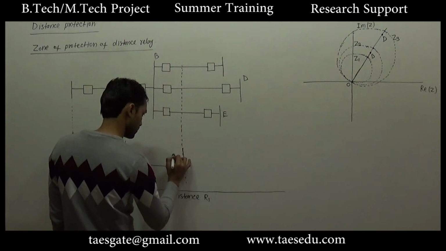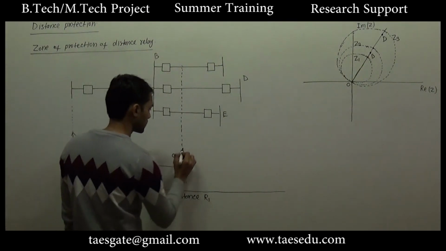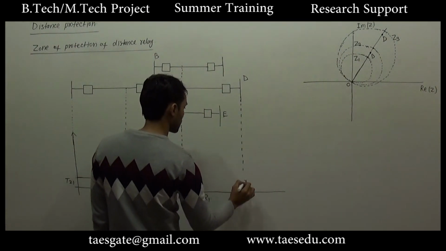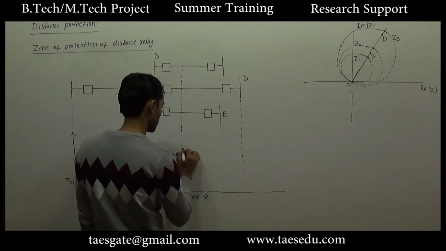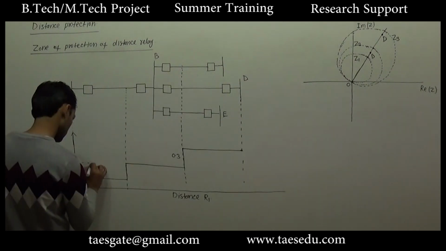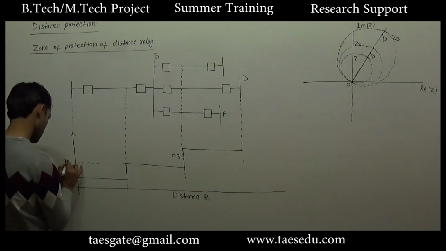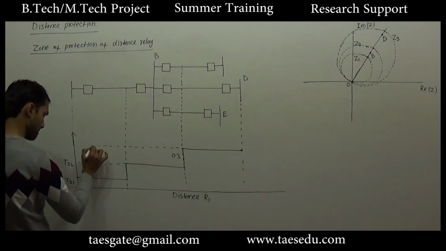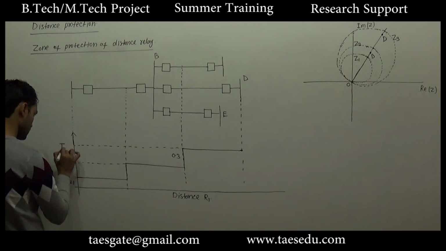So again we will have a jump of 0.3 second, and this will go up to 110% of this longest line. This is T zone 2. This is T zone 3.